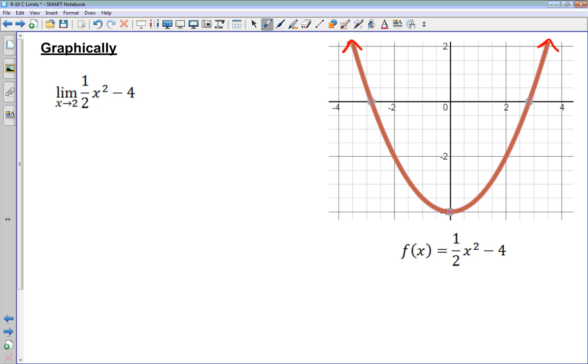Just to emphasize that this goes off to infinity here. We want to figure out what happens as we head towards x equals 2, right there. So we imagine starting a little bit away from it. I'll switch colors here. What we were doing in the table was picking values a little bit away from the value we wanted. So I've chosen an x value a little bit less than x equals 2.